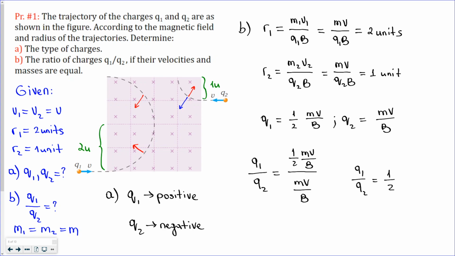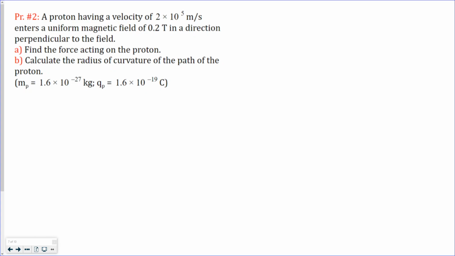So let's solve the second problem. What do we have here? We know the velocity of the proton. It is 2 times 10 to the power of 5 meters per second.